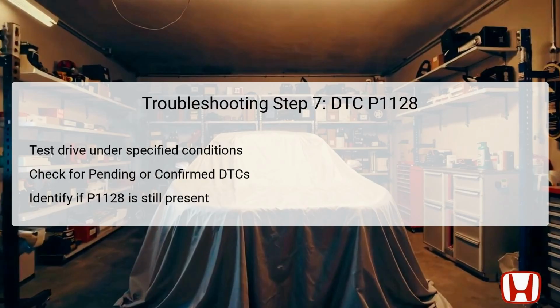After the drive, consult the HDS to locate any pending or confirmed DTCs that may be present. If DTC P1128 is still indicated, it reinforces that further investigation is necessary, especially around connections to the MAP sensor and the ECM/PCM. However, if the code is not present, this step demonstrates successful resolution of the fault code, indicating system functionality has been restored.